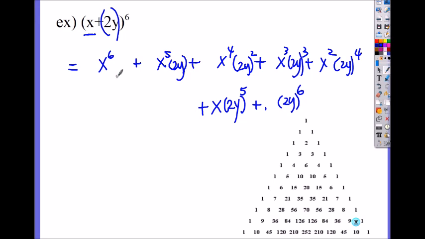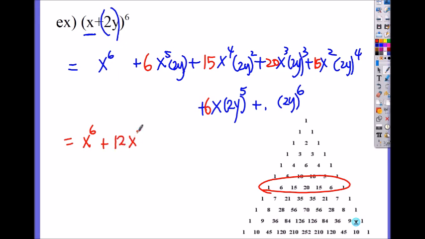What about the coefficients for the 6 here? So it is 1, 6, 15, 20, 15, 6, and 1. So now what do you have to do? You have to simplify them. So let's see. The first term is x^6 plus, y times x^5 times 2y. So it becomes what? 12 x^5 y.